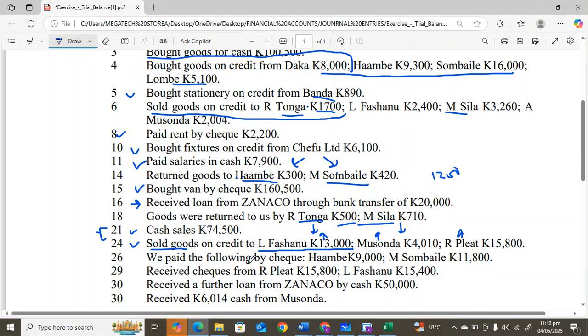We've sold goods on credit. They are our receivables.